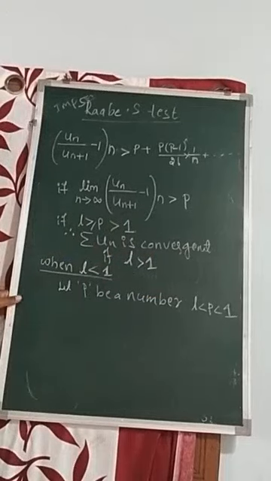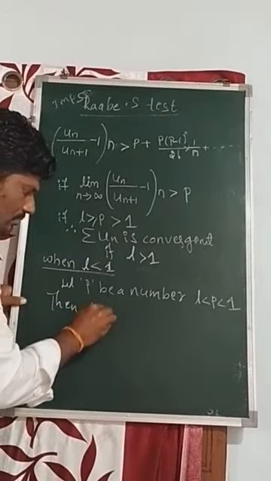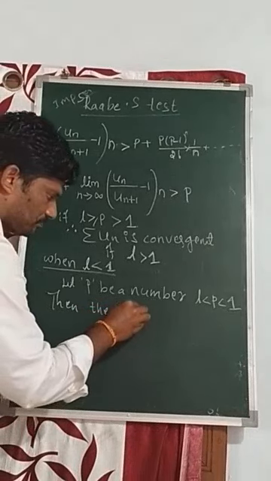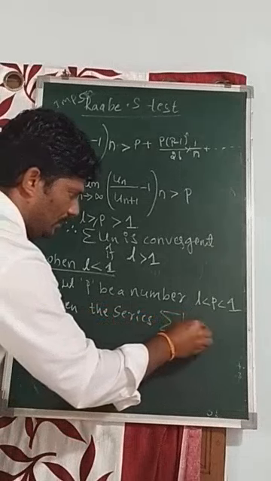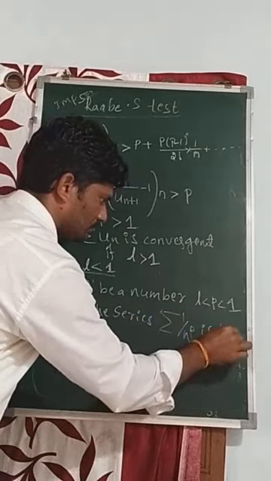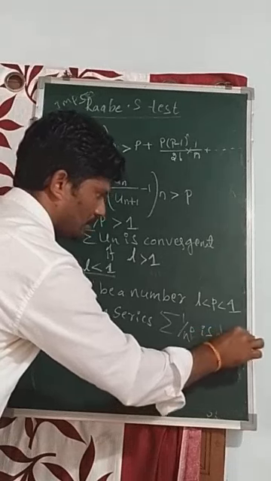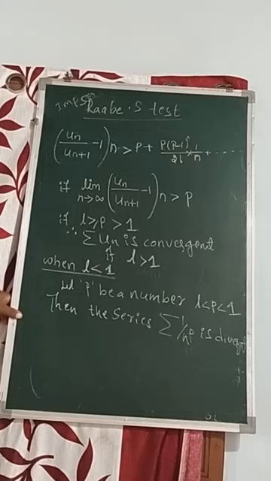Then the series summation of 1 divided by n raised to p is divergent.